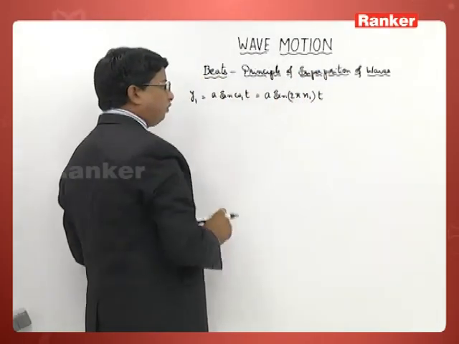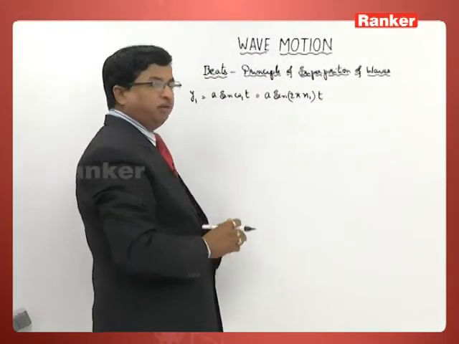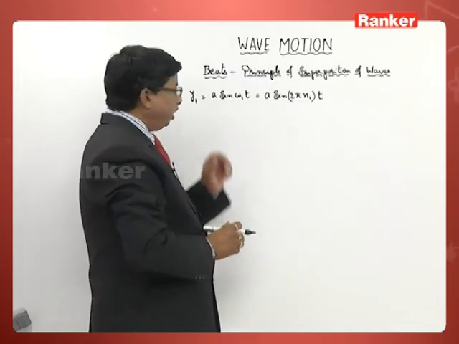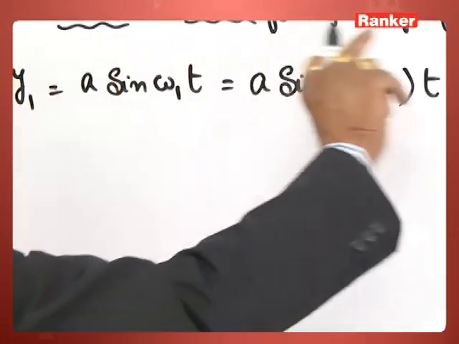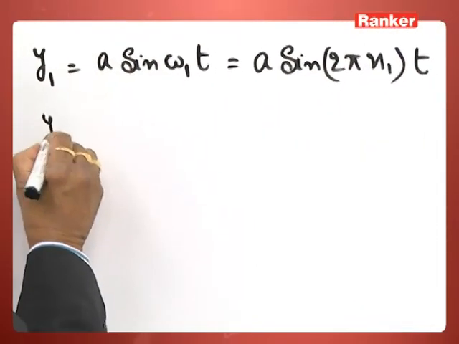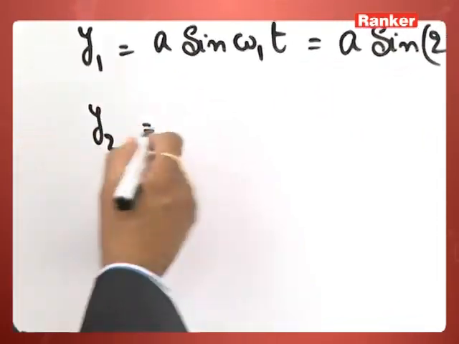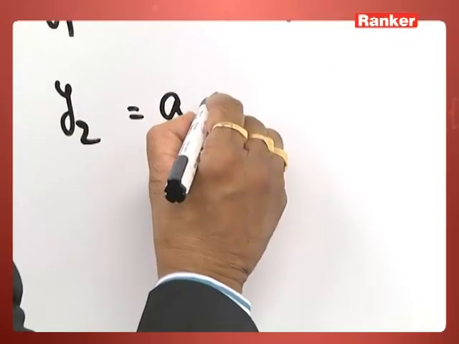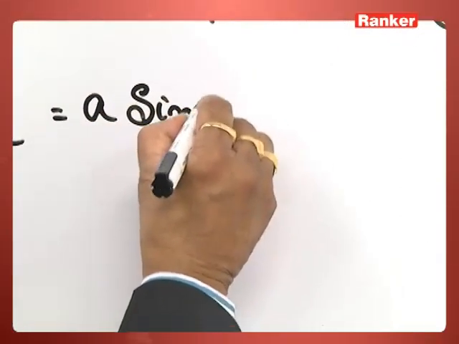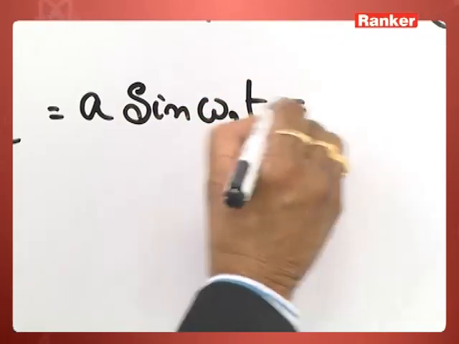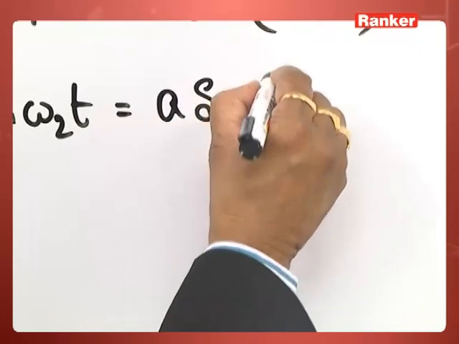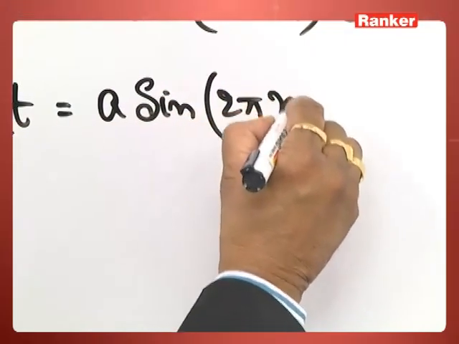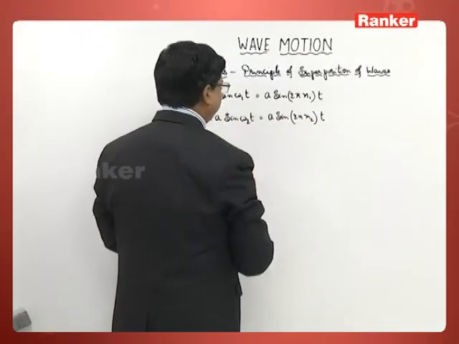Here n1 refers to the linear frequency of the wave and omega refers to the angular frequency. This wave overlaps another wave having displacement y2 equals A sin omega2 t, that is, A sin 2 pi n2 t.